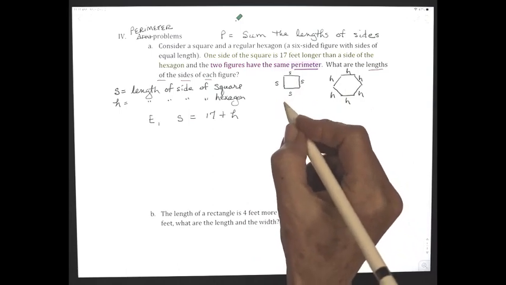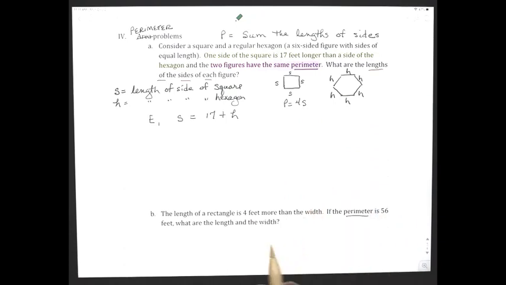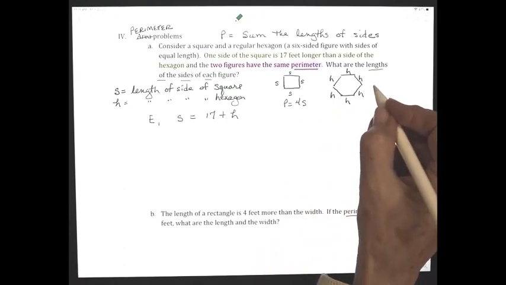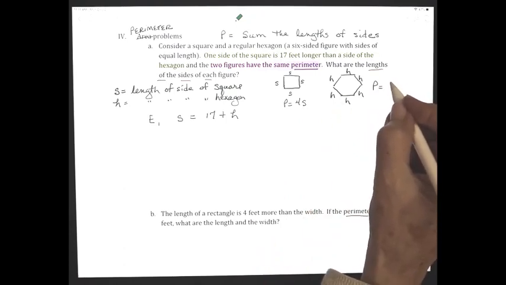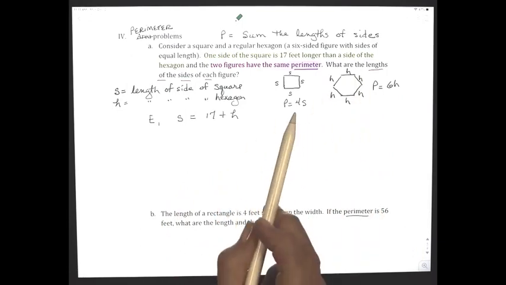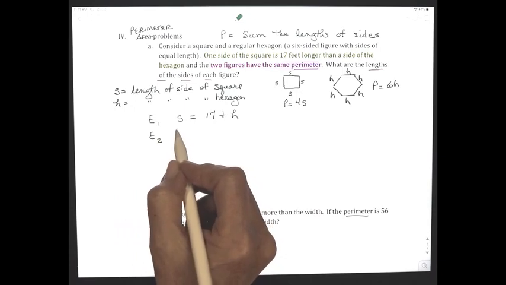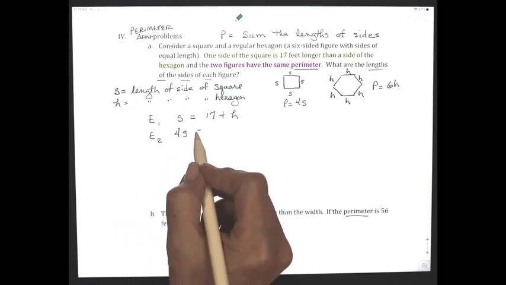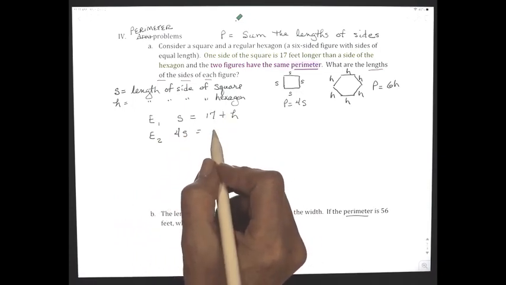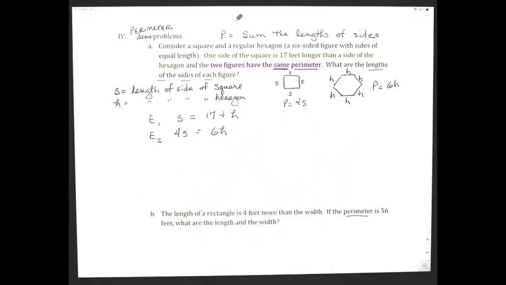Well, the perimeter of a square is S plus S plus S plus S, or 4S, and the perimeter of the hexagon is H plus H plus H, of course 6 times, or 6 times this length H. So the perimeter of the square is 4 times S, and the perimeter of the hexagon is 6 times H, and this tells me that those two things are the same. So I'm setting those two things equal to each other.